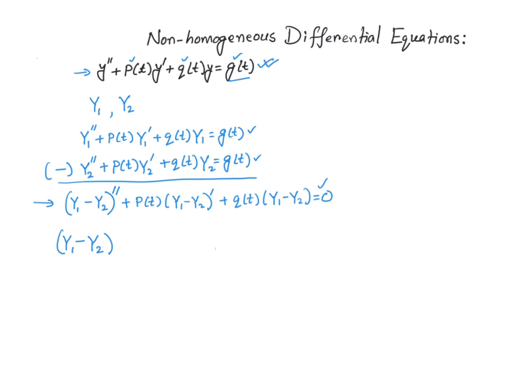So that tells me that I could write y1 minus y2 is equal to c1 times y1, where c1 is some arbitrary constant and y1 is one of the fundamental solutions, and similarly c2 times y2, where c2 is an arbitrary constant and y2 is the fundamental solution, and y1 and y2 are linearly independent.